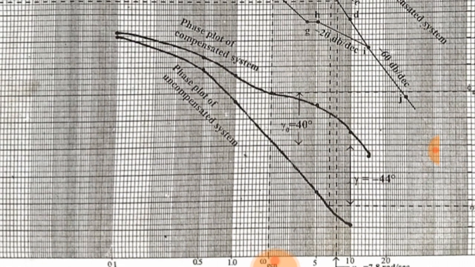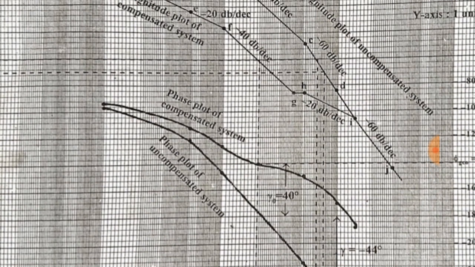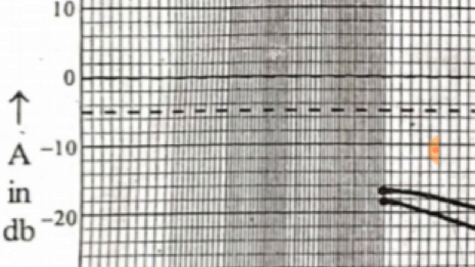And now the phi_GC that I was talking about is the phase at omega GC, that is at gain crossover frequency. Let's see when the magnitude plot crosses 0. Yeah, at this point the magnitude plot crosses 0 dB.